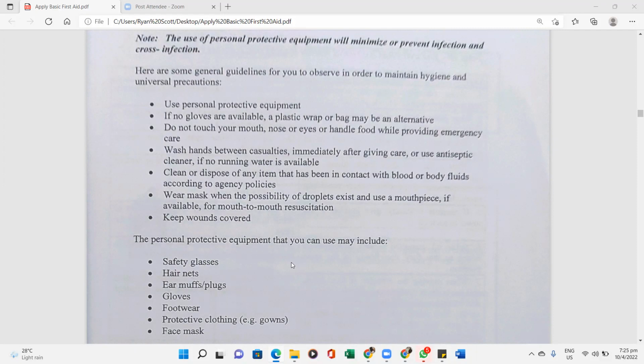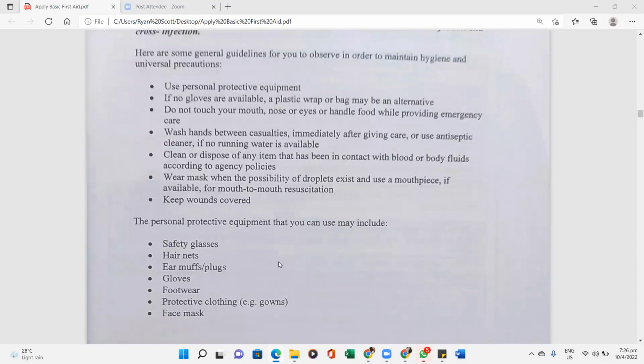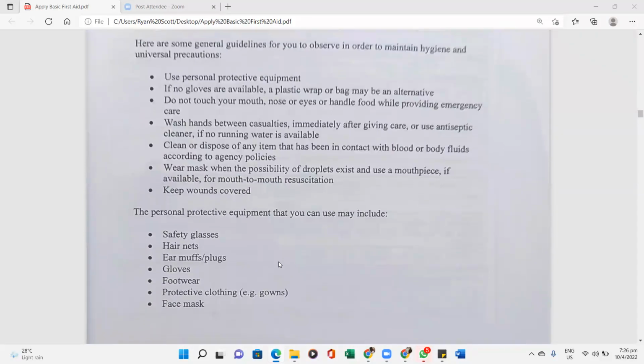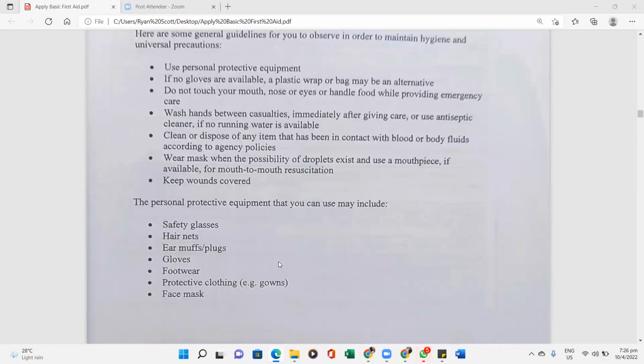And that's a long list, but it's kind of similar, so I don't need to go through all of that. Wear masks, keep the wound covered, wash your hands, make sure you use personal equipment, make sure you actually dispose of soiled products, right?